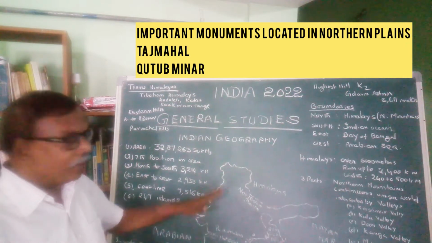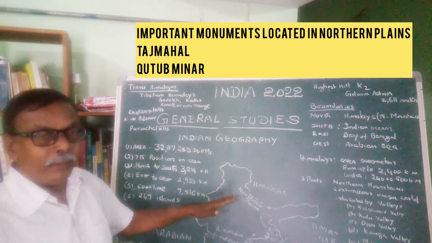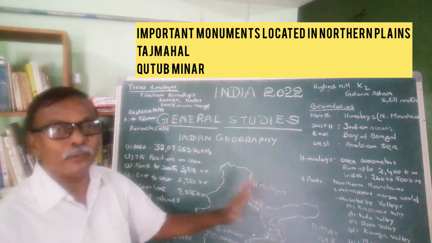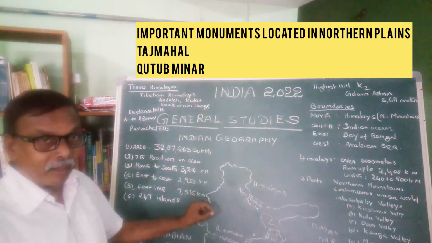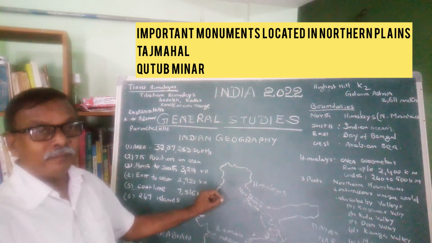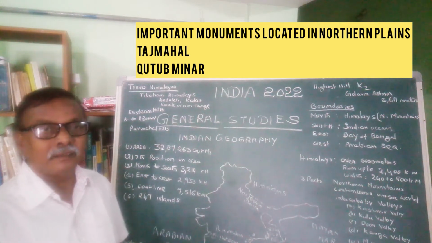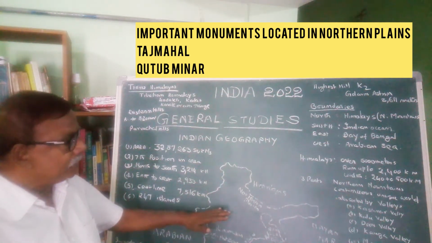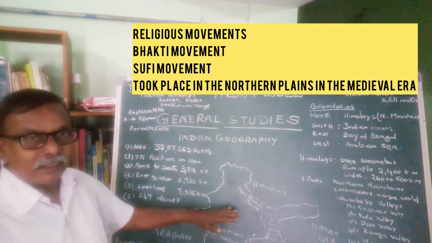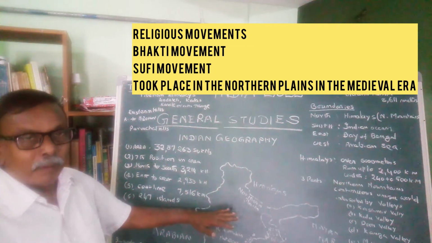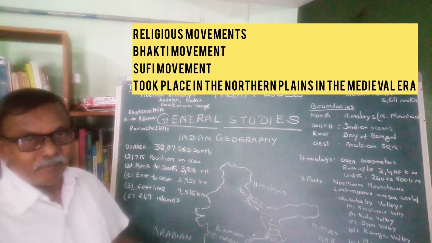In the northern plain, very important monuments are also situated. They are the Taj Mahal and Qutub Minar. In the northern plain, we find the Bhakti and Sufi movements of the medieval era.